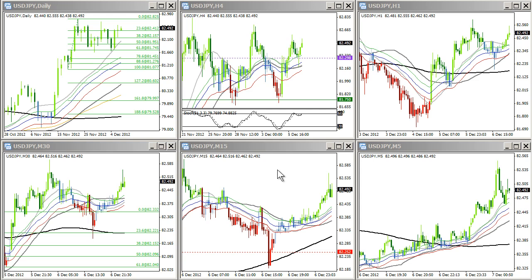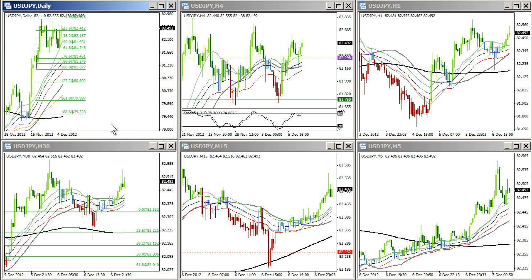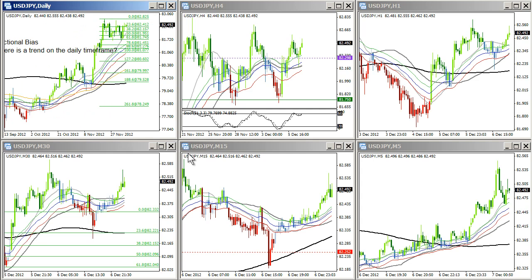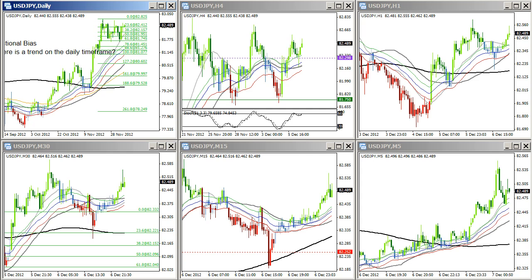I can't really talk about the yen without talking about December 16. December 16 is when the elections are going to be held in Japan, and the expectation continues to be that Abe will win the election. He has all but promised, guaranteed, that he will begin very aggressive monetary policy easing.